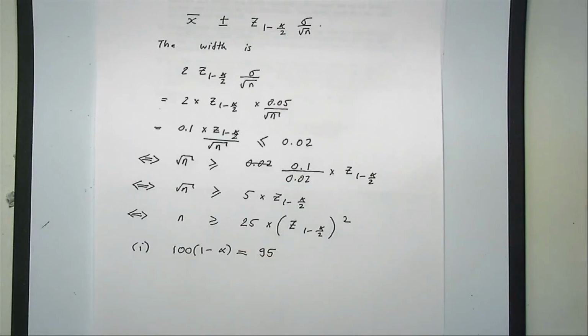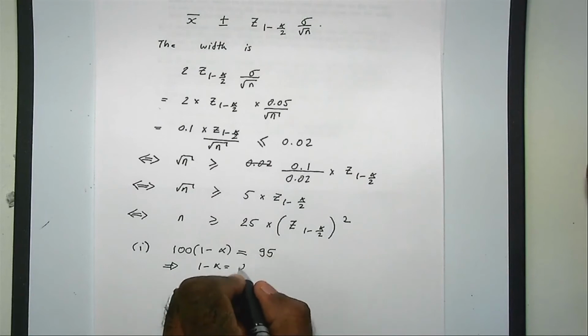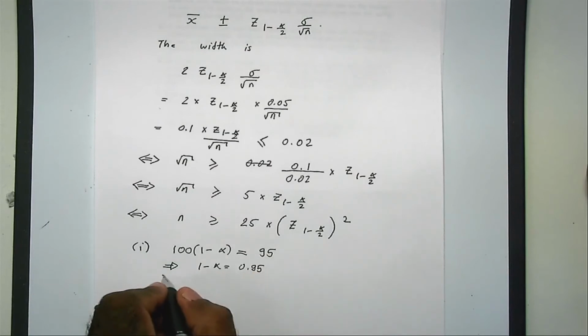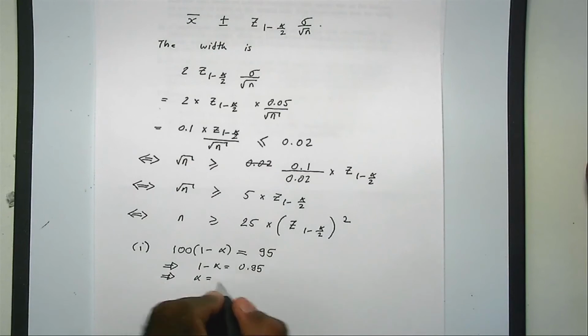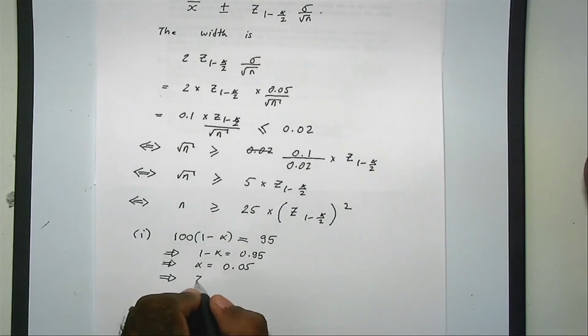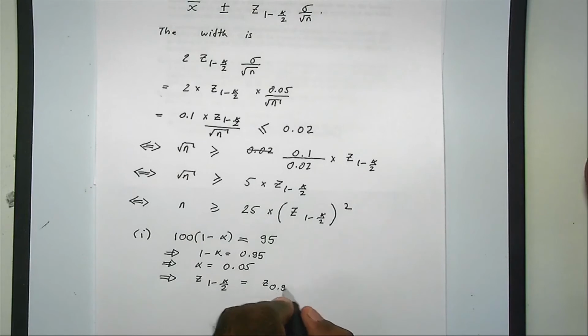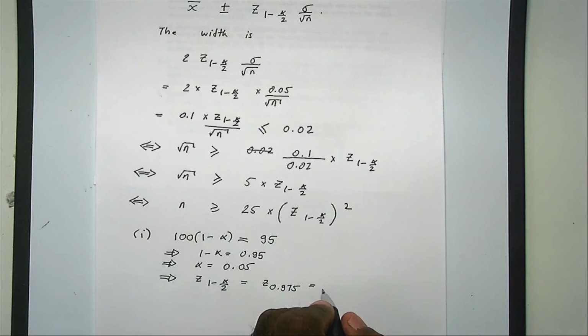Okay, so this implies that Z becomes, and if you read this off the table, this will become 1.96.